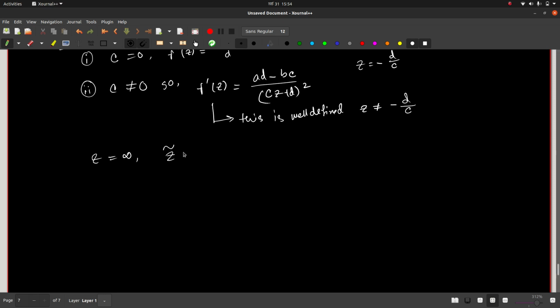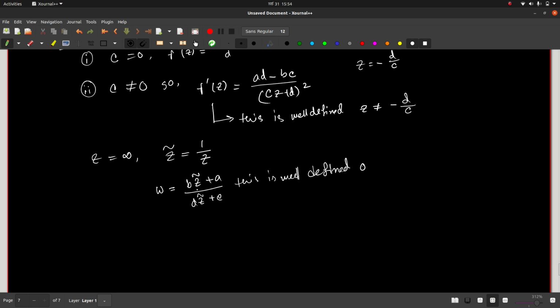That is, we let z tilde equal 1 upon z, and if you apply this transformation into the bilinear transformation definition, then you will end up with (b z tilde plus a) divided by (d z tilde plus c), and this is well defined or well behaved at z tilde equals 0, and this z tilde equals 0 actually corresponds to z goes to infinity.